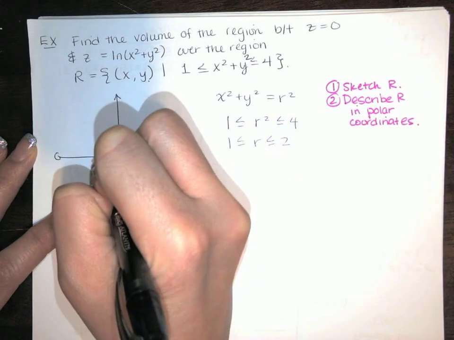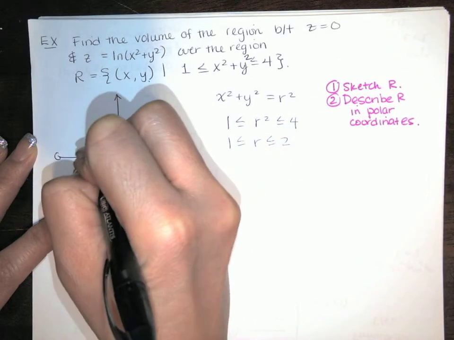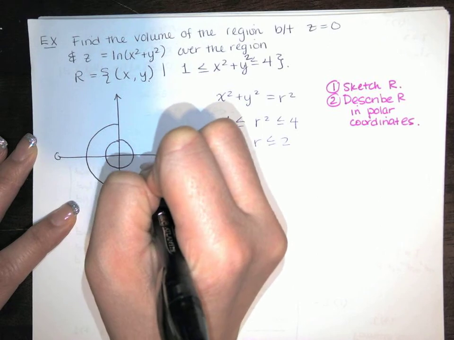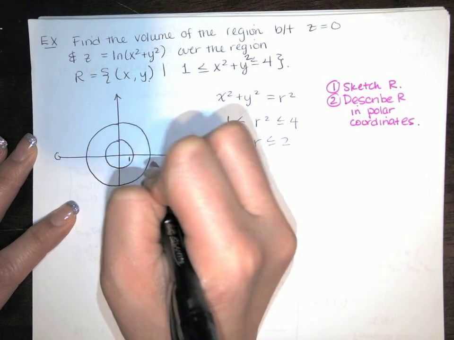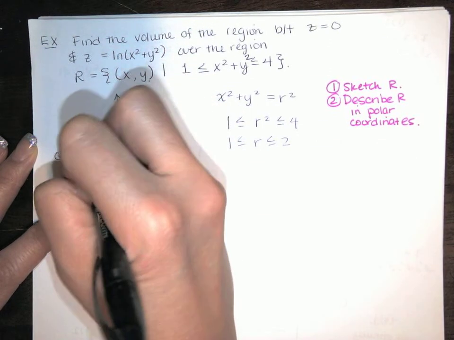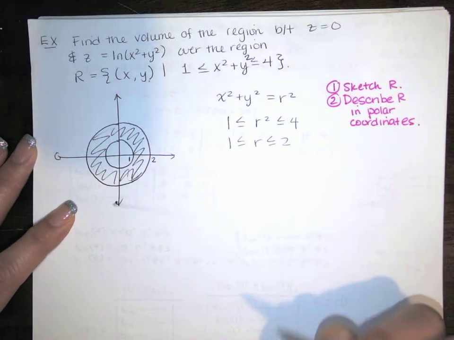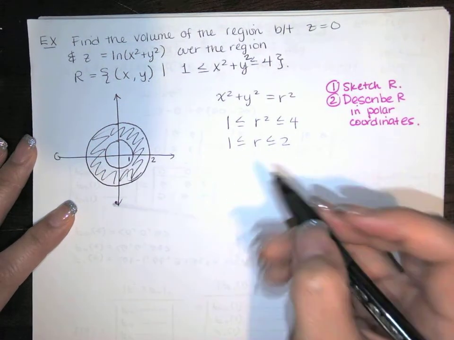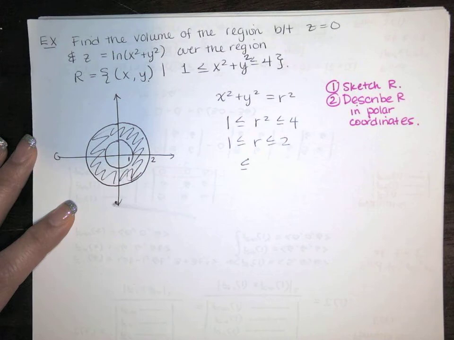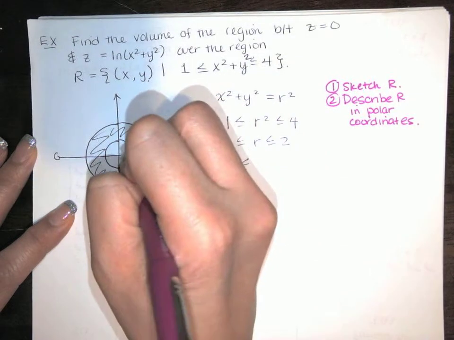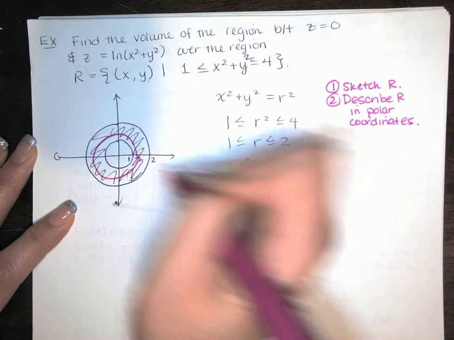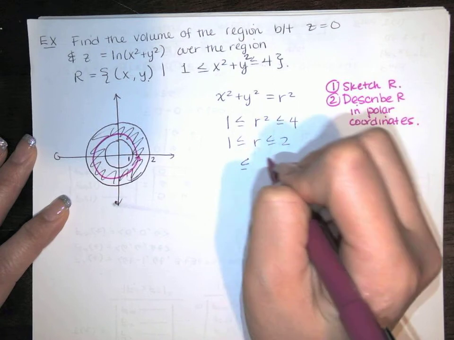So we've got a circle of radius 1 and a circle of radius 2. And R is this entire ring. So I think we've got our bounds. r ranges from 1 to 2. And if we start over here and we go all the way around, theta has to go from 0 to 2 pi.